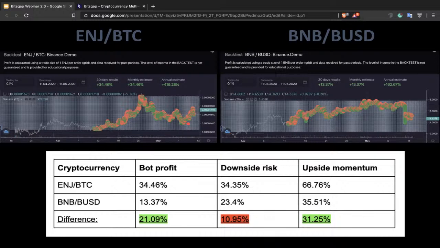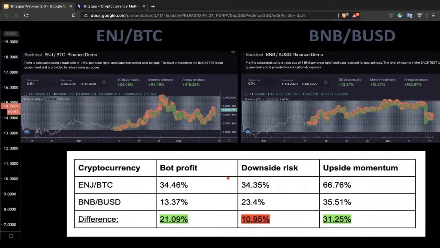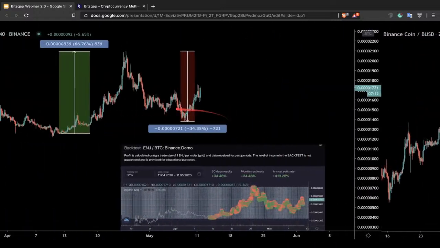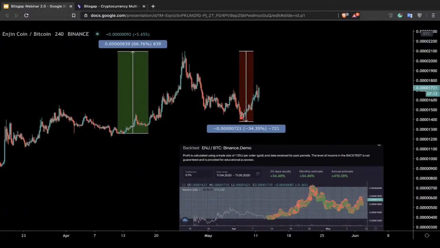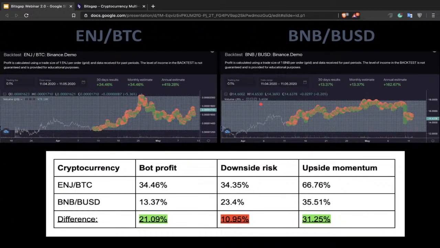So in order to achieve higher financial results, you must take bigger risks. Same logic applies here. NG to BTC, to make this profit, to make 34%, you would have to take a risk of 34%, because remember, the downside risk here from the highest high down to the lowest was minus 34%. So your investment change would be affected by this downside risk.